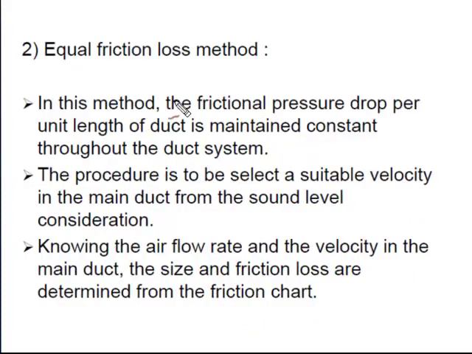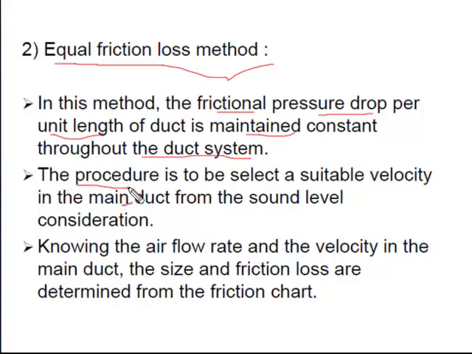Now the second method to design the duct is the equal friction loss method. In this method, the frictional pressure drop per unit length of duct is maintained constant throughout the duct system. It means this is designed on the basis of equal pressure drop per unit length.